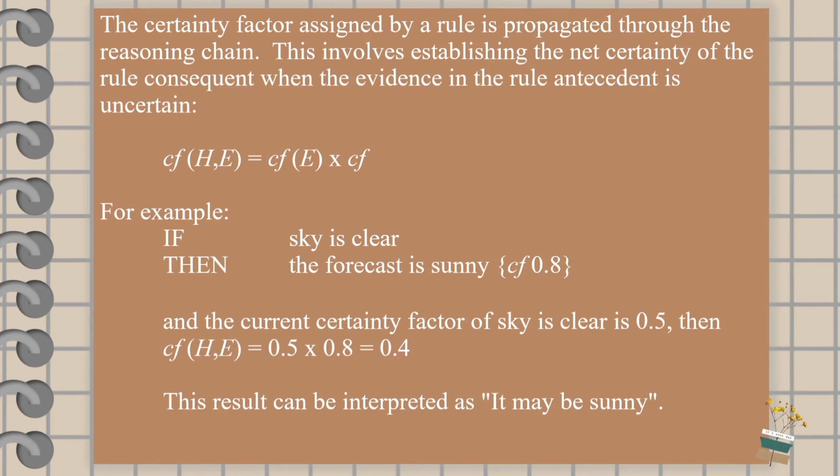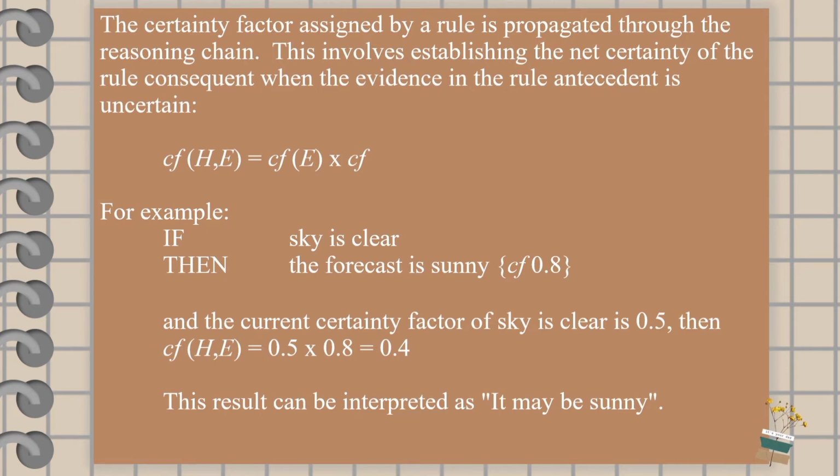For example, if sky is clear, then the forecast is sunny. And the equivalent of this forecast is sunny is 0.8, which is almost certainly. And the current certainty factor of the sky is clear is 0.5.